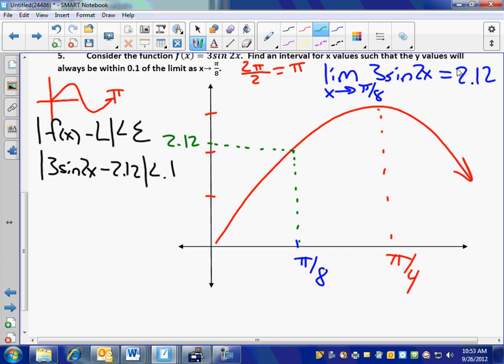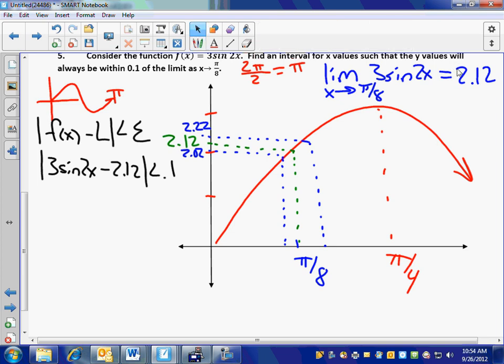Which is 2.22. Thank you. Yep, 0.1. So I have 2.22 on top. What do I have on the bottom? I have 2.02. And so these are going to correspond to delta values on the bottom.